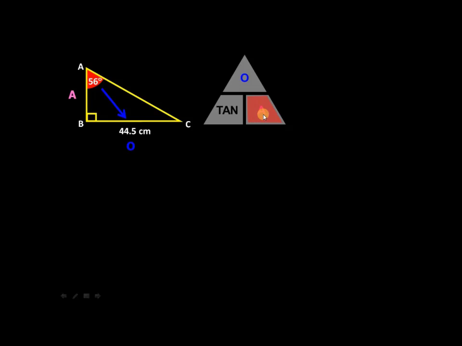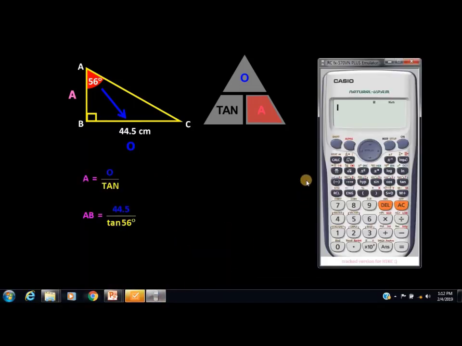We want A, so we will divide opposite by tan. There is the law. We now replace opposite by 44.5, and we must put the angle 56 with tan. We get this. We now use a calculator to do this question. So we have here a fraction, so we use the fraction key. We put 44.5 and then we come down by going to the right.